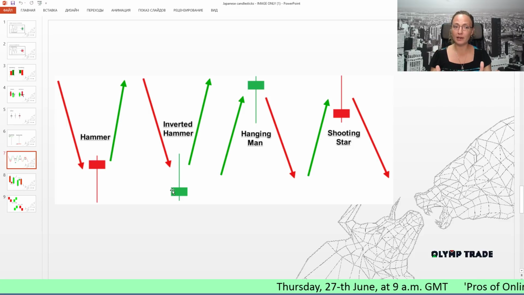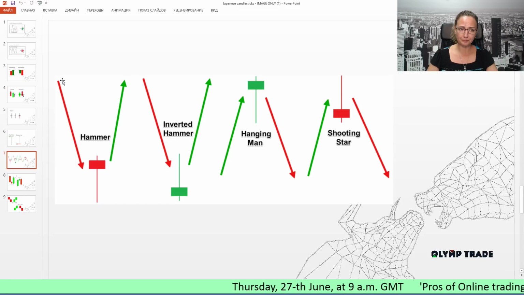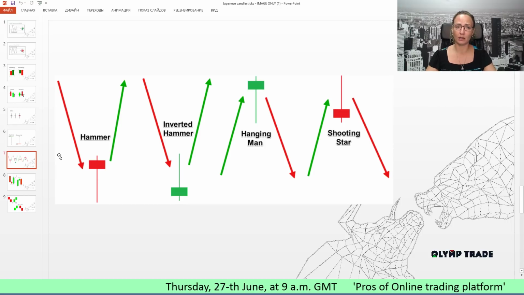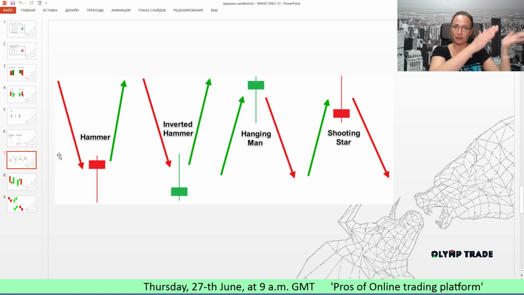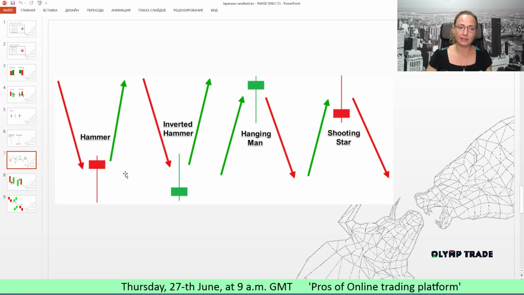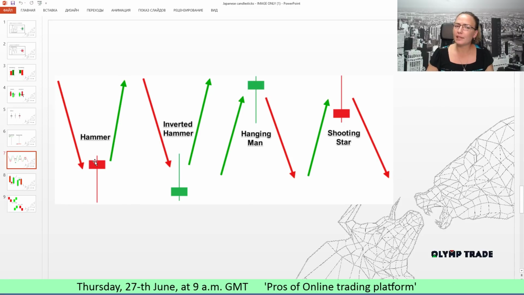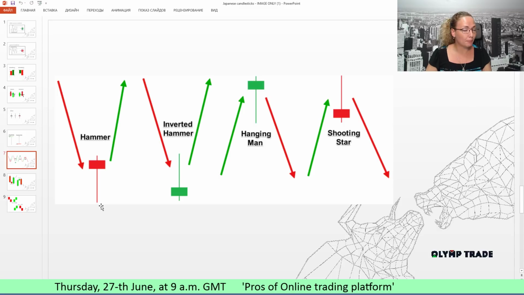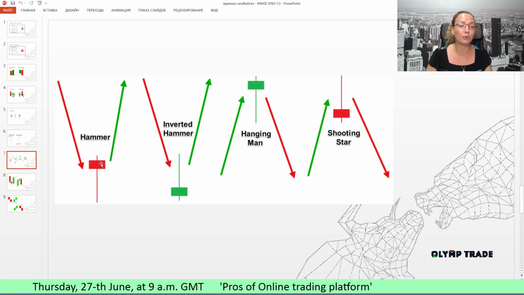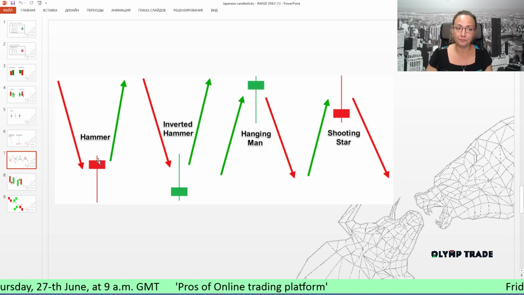So key takeaway here is price rejection. For example, this could be a bullish hammer if it is located at the bottom of a downtrend. What it means is that the bears came in, they tried to push the price lower, but the bulls came in, they pushed it back up, and the price closed up above.